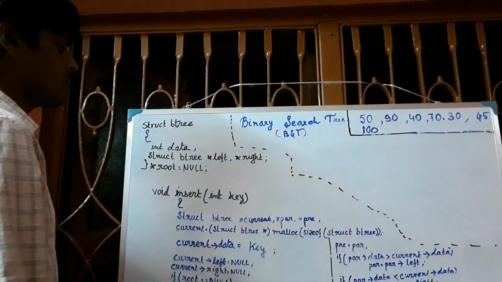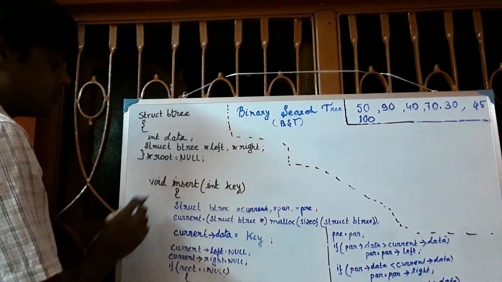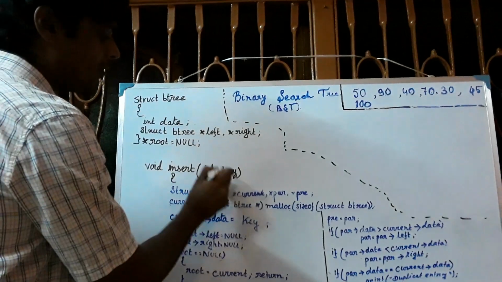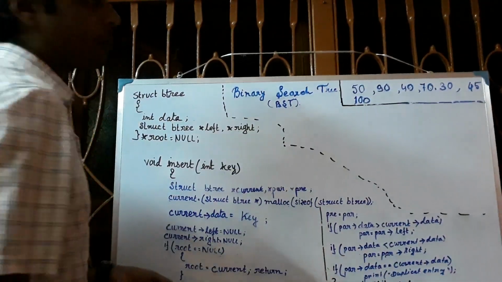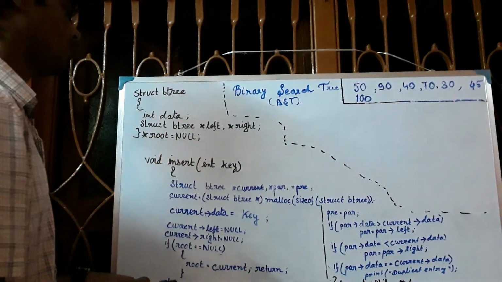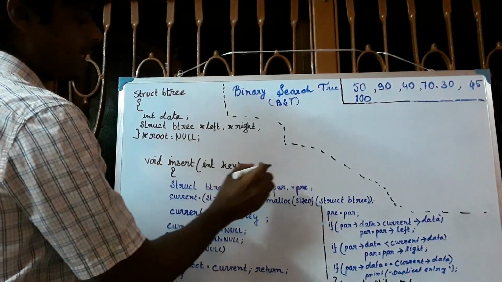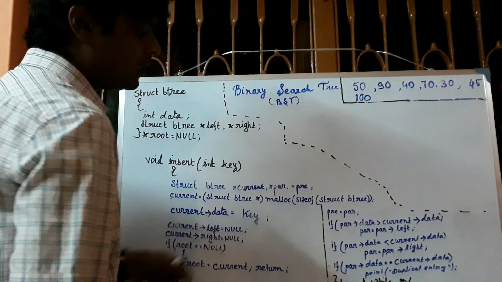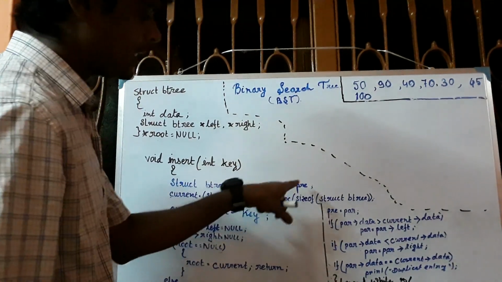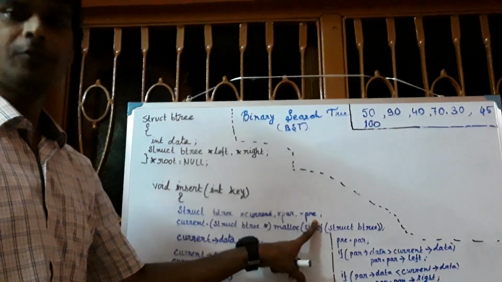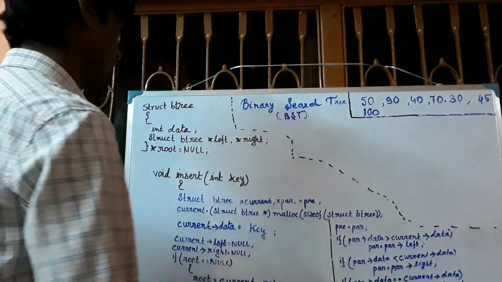This is the function void insert(int key). Key is the value that each node will contain. Next, I have created struct bst_tree pointers current, par, and pre. I can say this is the parent and pre is the previous. These are three objects of the structure.